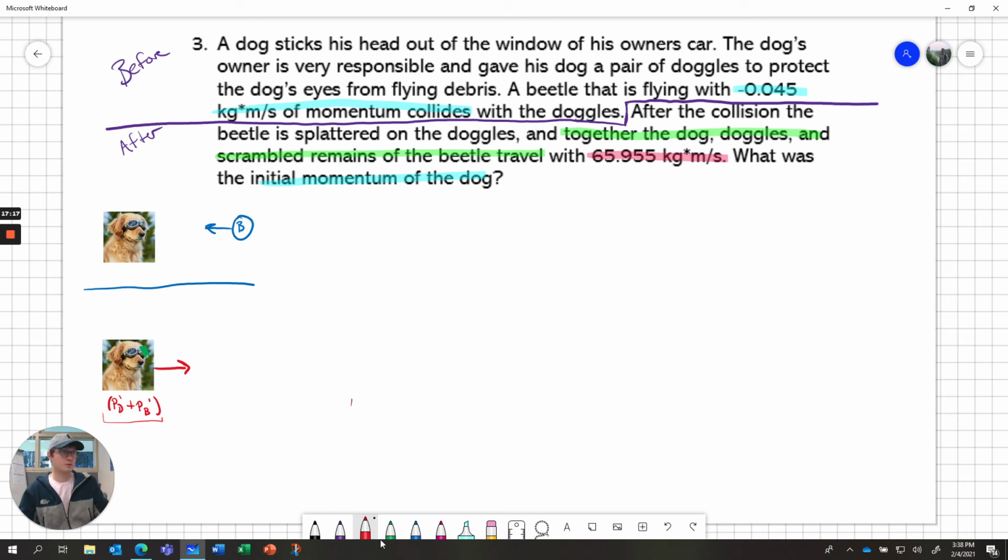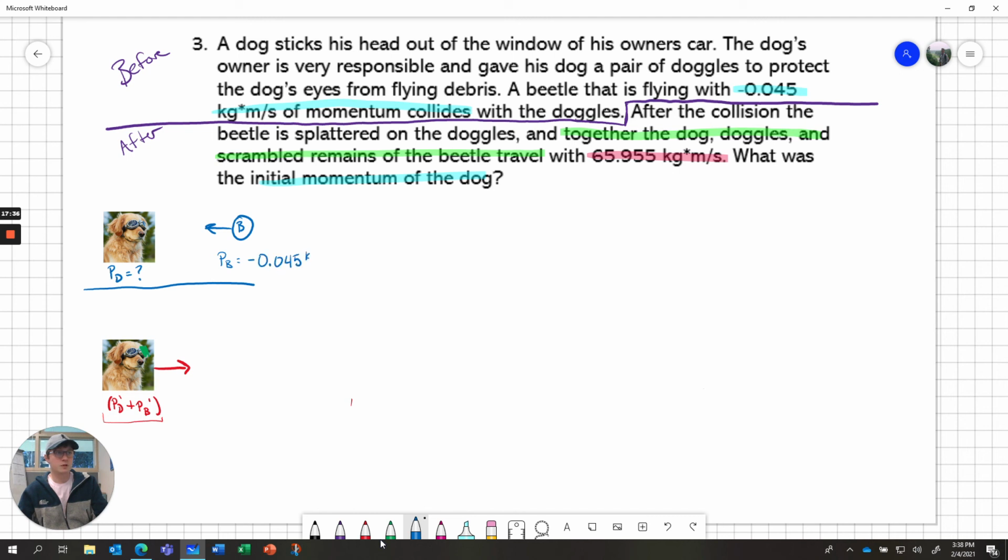So let's go through and label these parts. The momentum of the dog, well, we don't know what that is, so that's unknown. The momentum of the beetle, we know to be negative 0.045 kgm over s.